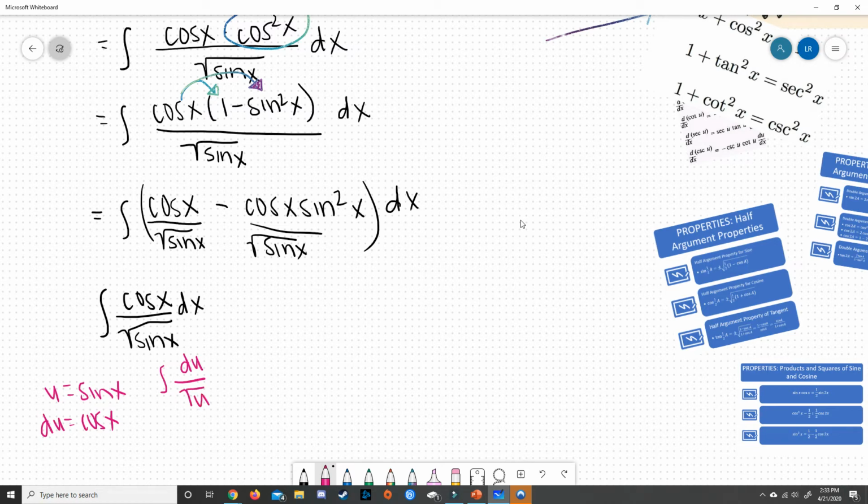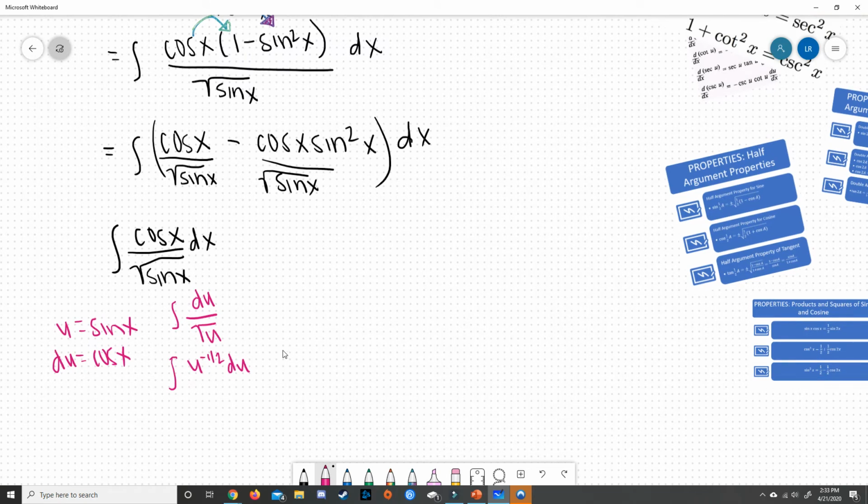And then we can solve that because really that's going to be the integral of u to the negative 1/2 du. We'll increase the exponent by one and divide by that exponent, making this 2/3 u to the 3/2. And in the end, we'll go ahead and replace that u.